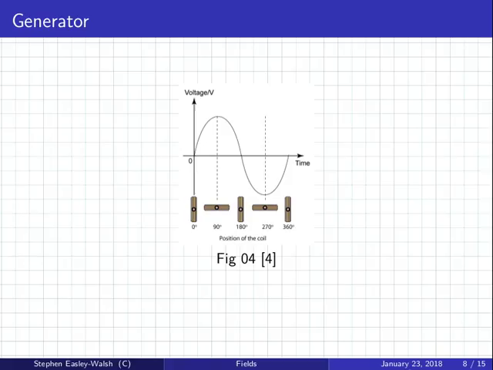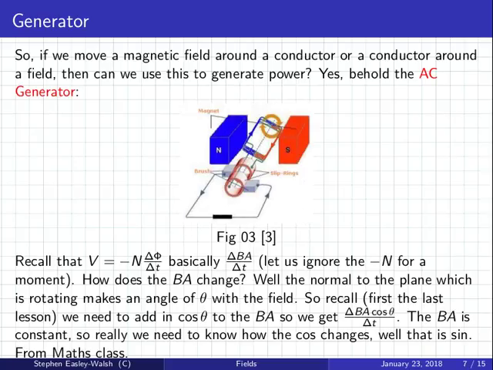And then when it gets to 270, the current has changed directions. Maybe the current was going this way, and now it's heading the other way. In fact, that's why we call it AC. Does anyone know what the A stands for? Alternate. Alternate means change in directions. Okay.